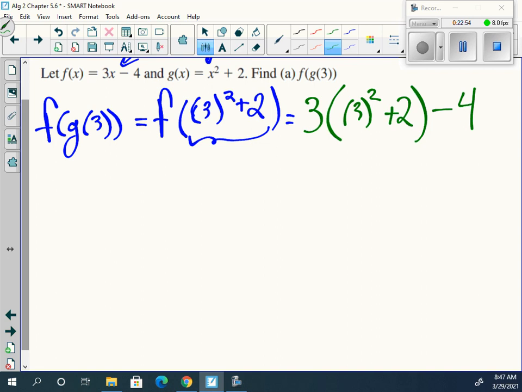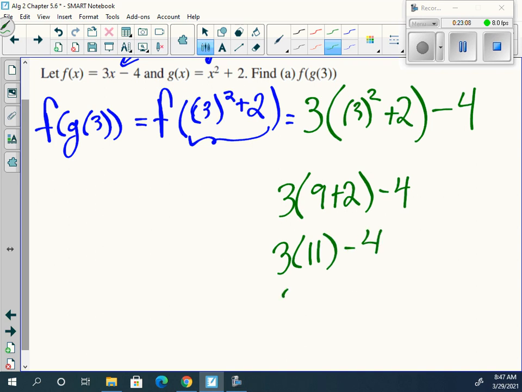And I feel the least complex, if we can make it simpler, it's going to be easier to work with. Because at this point here, we would have to do 3 squared plus 2 minus 4. It was 3 times 11 minus 4, which would be 33 minus 4, which is still 29. So it's adding more steps. It's just less that we have to try to keep straight in our head.